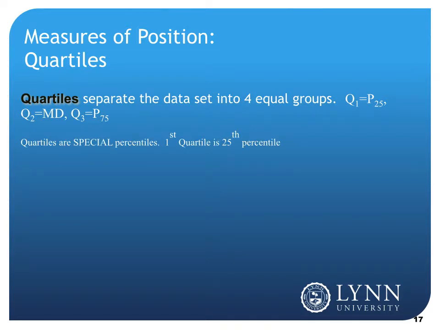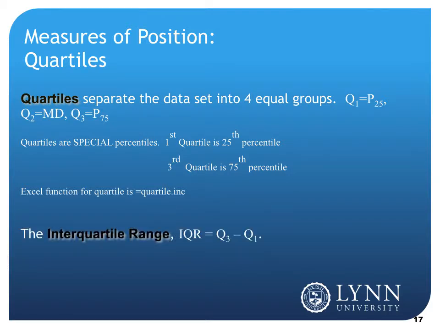Just another way, quartiles are special percentiles. And this is listing what they are. Quartile 1 is the same as the 25th percentile, quartile 3, 75th percentile. The Excel function you use to solve quartile questions would be =QUARTILE, and again, INC.